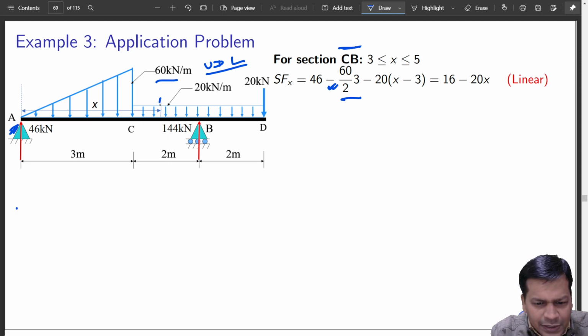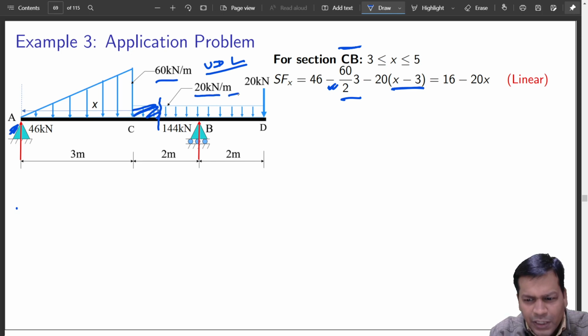If it is x till here, then x minus 3 is this distance, is it not? So that is where it is acting: 20 kilonewton per meter into x minus 3 distance should give you the load acting from here to here. Got it?